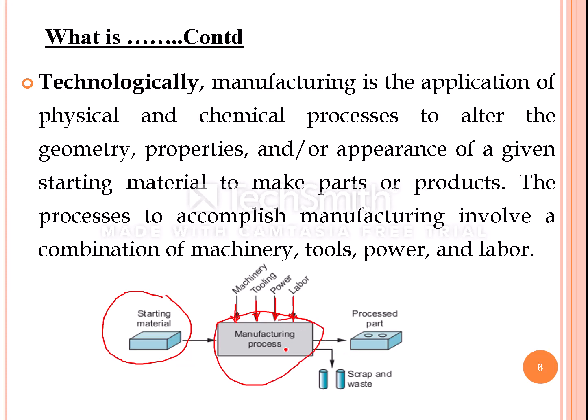So from the input material we have the processed part, which is the intended product, and there could also be some scrap that is waste. So this is technologically how we can define manufacturing.